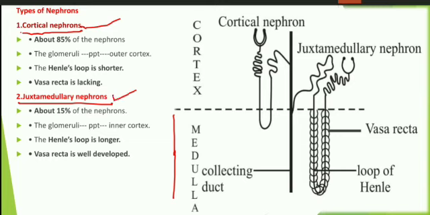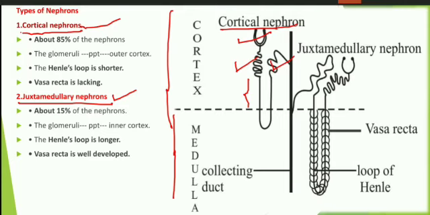Here this is the structure of the kidney. This kidney is differentiated into outer cortex and inner medulla. Here they have drawn two important nephrons, and this is a cortical nephron because the major portions of the nephron, the Bowman capsule, glomerulus, PCT, DCT, and some part of Henle's loop, are located in the cortex.